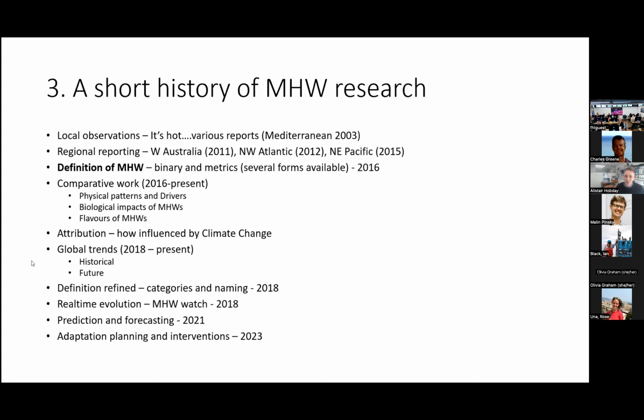And I think the focus over the last couple of years has definitely been on adaptation, planning, and interventions around marine heat wave occurrence. I'm going to go through each of these in a bit more detail now, but for me, that's the potted history of where this field has come from. It's fairly new, but we've always had hot events in the ocean. They just haven't been described in this way.